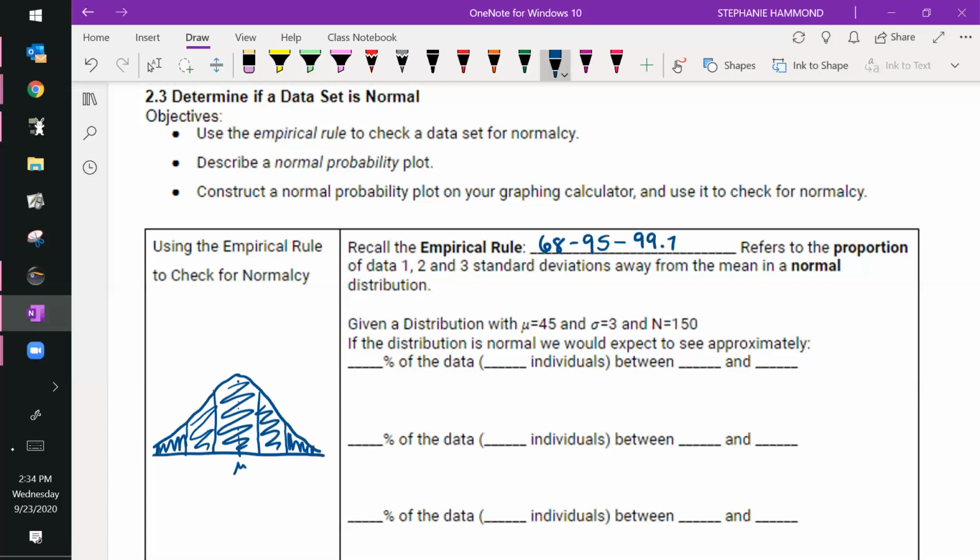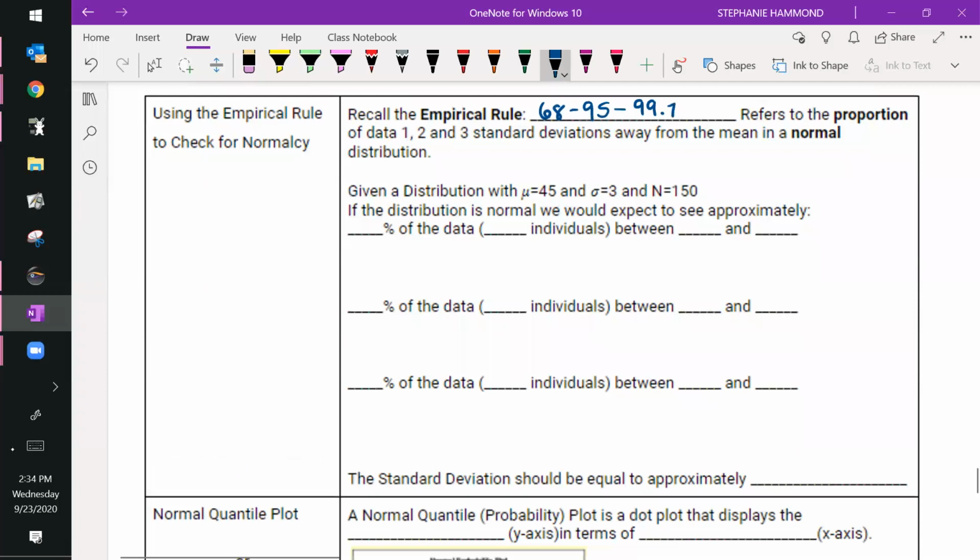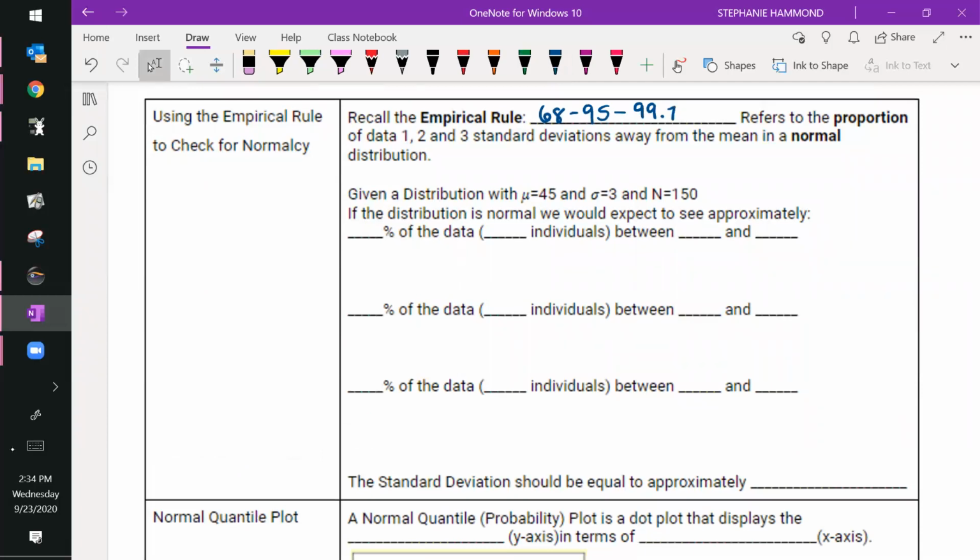So we can use that empirical rule when we're given a data set to determine whether or not that data set is truly normal. Because just because it appears to be symmetrical and bell-shaped does not necessarily mean that it's going to be normal. So we want to be extra sure here.